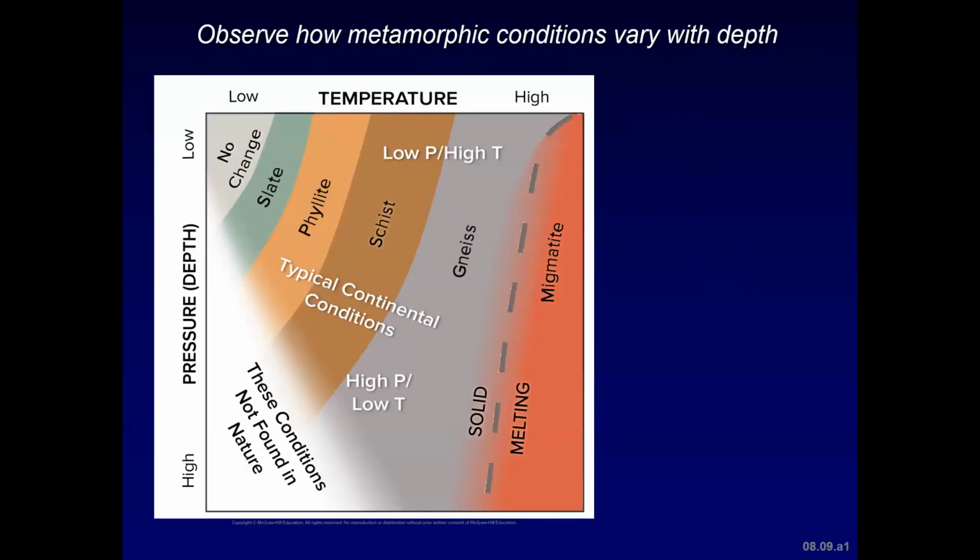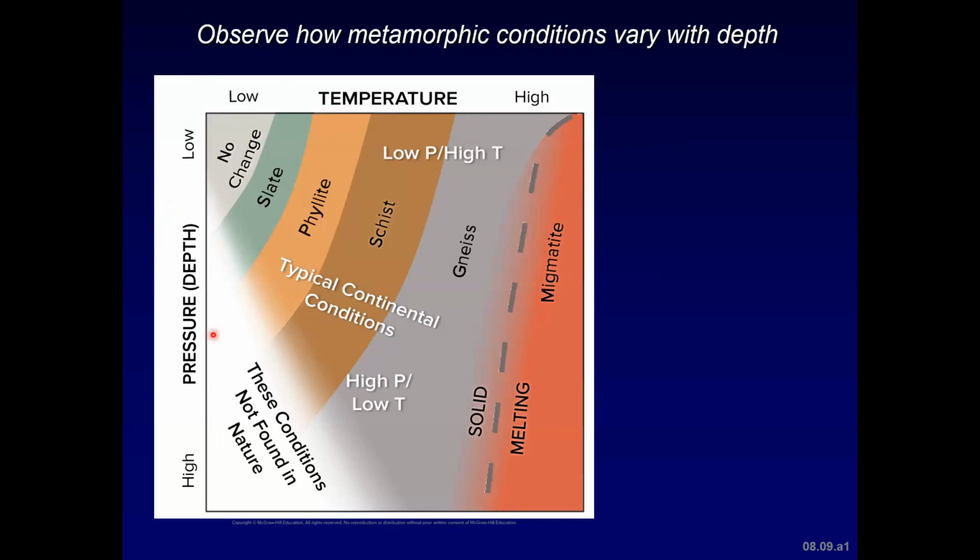And another one of these charts. This will show us how metamorphic conditions vary with depth within the Earth. So we have colors showing us where different metamorphic equivalents of shale will form. Shale is our protolith, and this is all the things that shale can be under increasing pressure and increasing temperature.